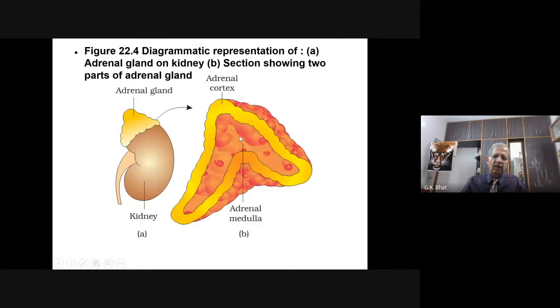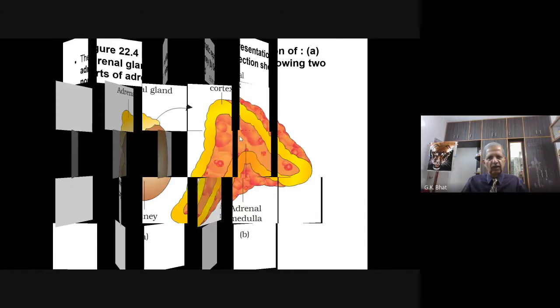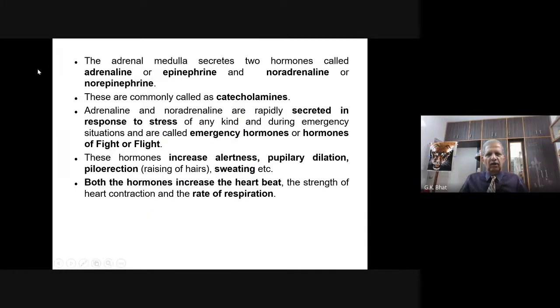The adrenal cortex and adrenal medulla produce different hormones. The adrenal medulla secretes two hormones called adrenaline and noradrenaline. Adrenaline is otherwise called epinephrine, and noradrenaline is otherwise called norepinephrine.